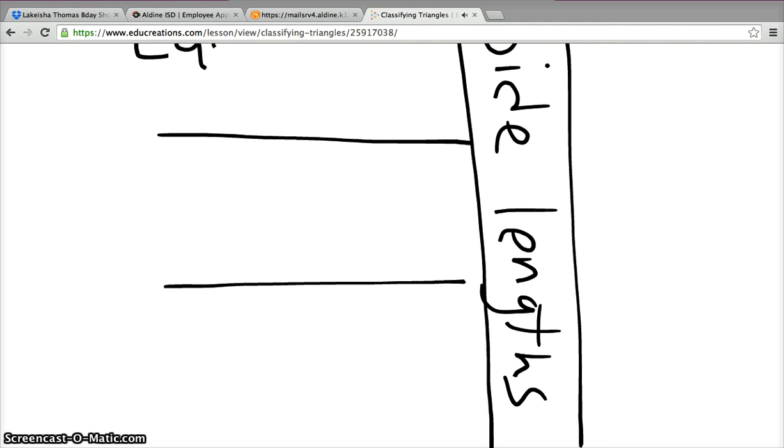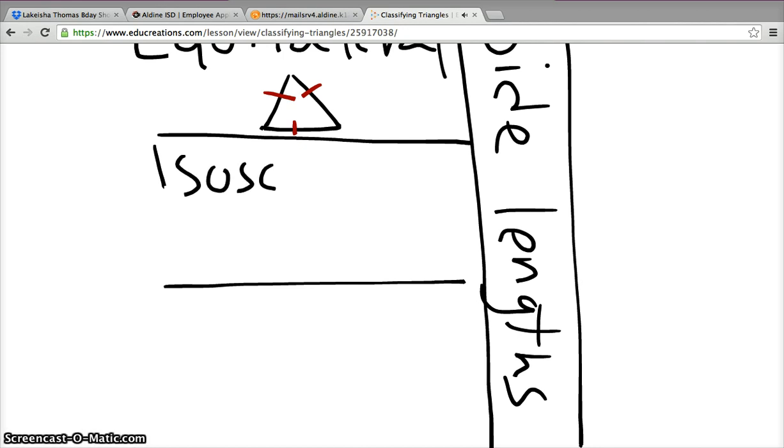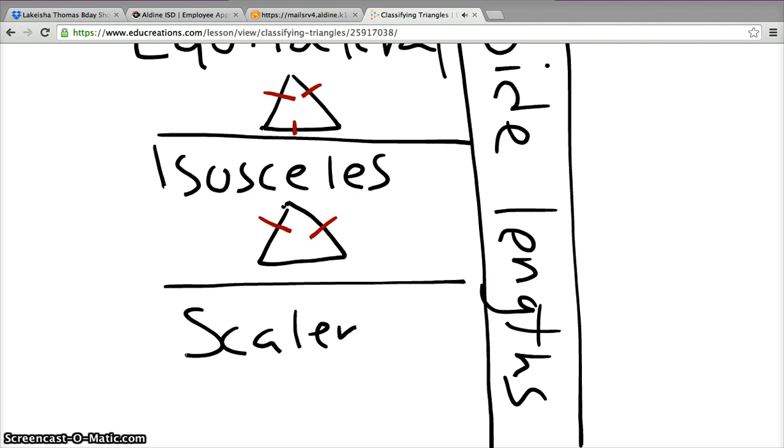So we have equilateral, isosceles, and scalene. Alright, we're going to go inside of each one, inside the flap.